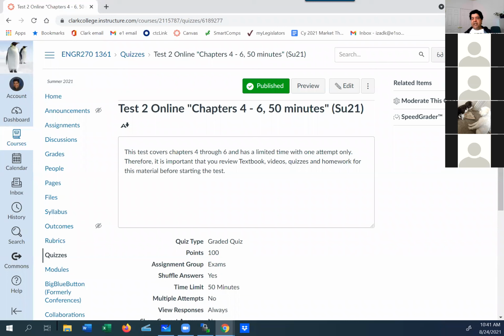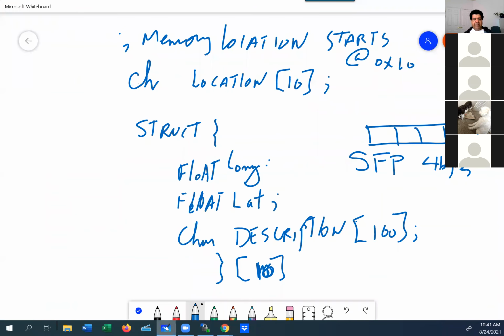So we're talking about memory location now. The question to you might be, what location in memory is... oh, I didn't name this struct. Let's call this struct feature.